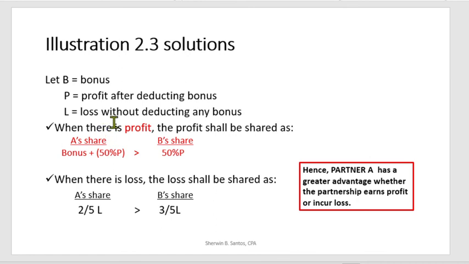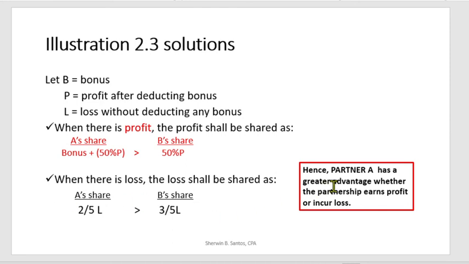So, ang L, loss without deducting any bonus. Remember, kapag loss, walang bonus yan. So, ang A share ay 2/5 ng loss. Si B naman, 3/5 ng loss. So, kung makikita mo, kapag loss, si A pa rin ang mas malaki ang magiging share.